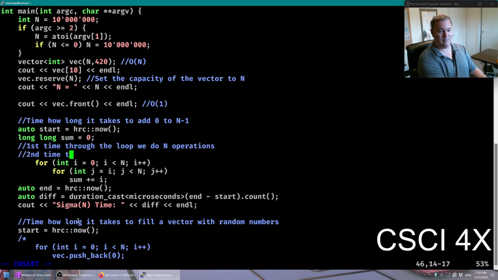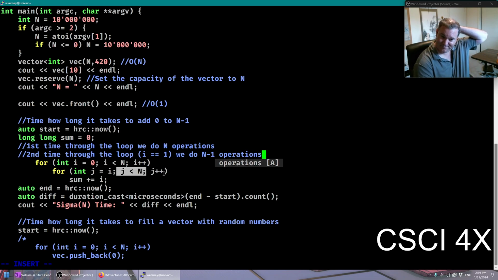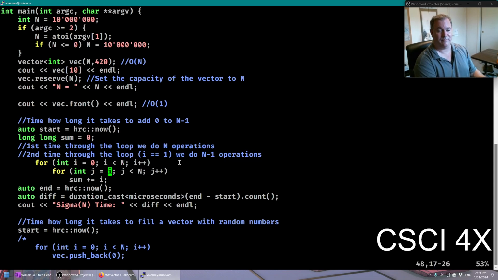Second time through the loop, in other words, when i is equal to 1, we do n minus 1 operations, because j starts at 1 this time and goes to less than n. Or let's just make it simple on you guys. Let's just make it simple.